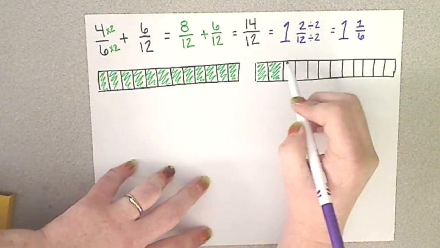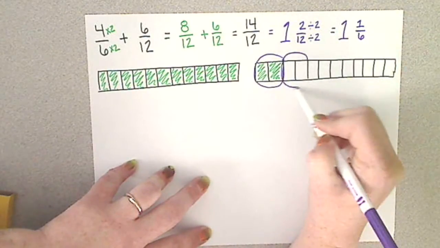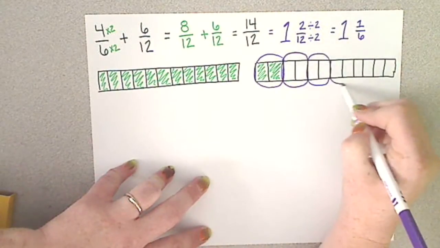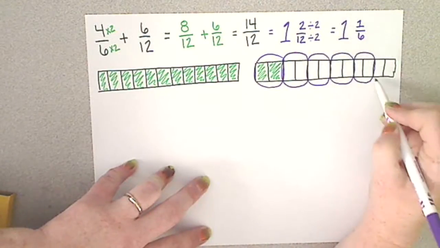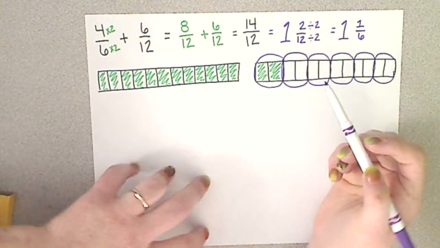And if I'm grouping these into groups of 2, there's 1 group of 2, 2 groups of 2, 3 groups of 2, 4 groups of 2, 5 groups of 2, 6 groups of 2. So there's your simplified fraction.